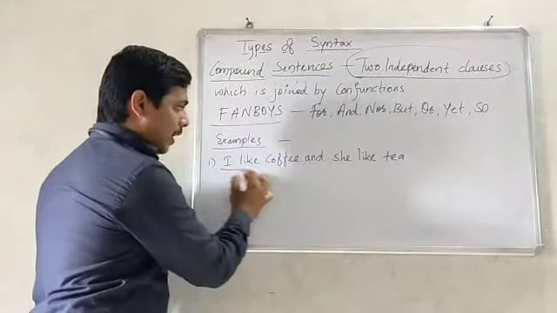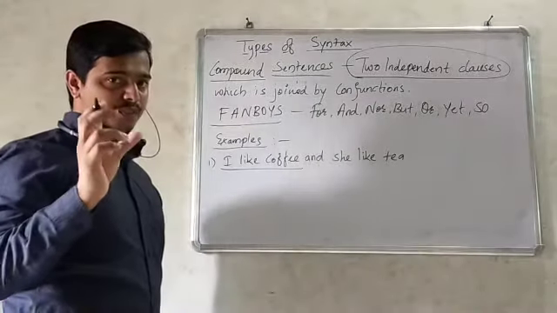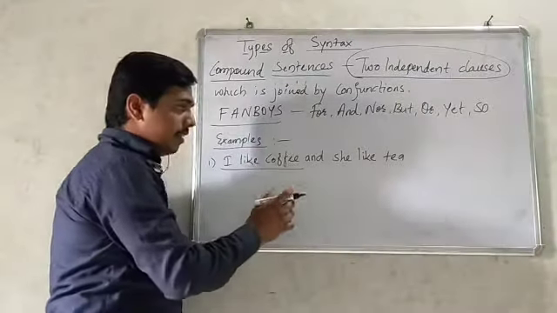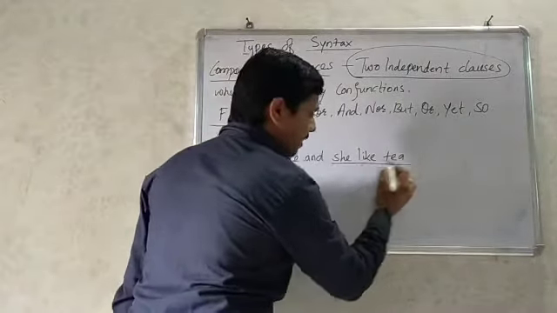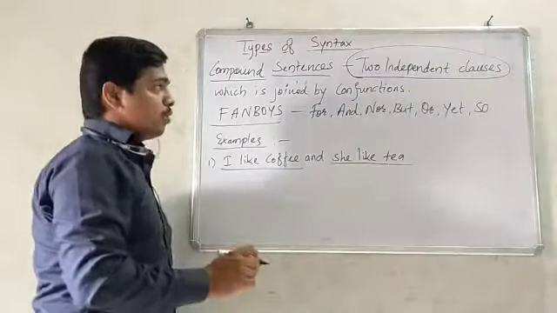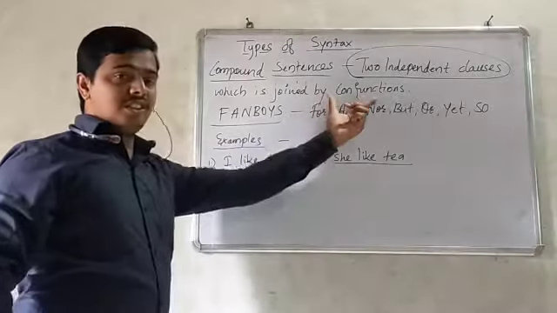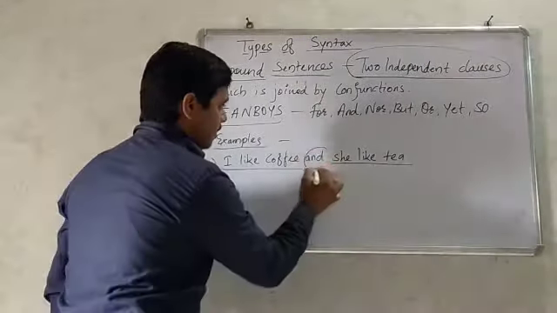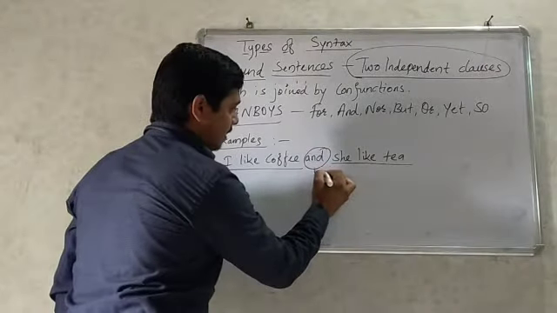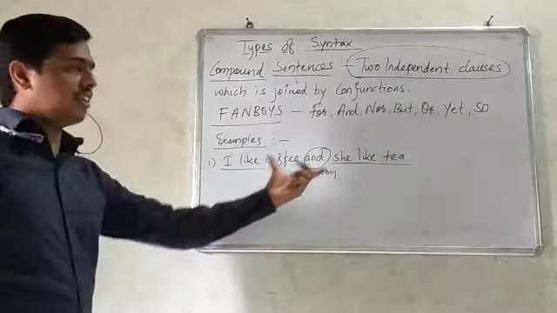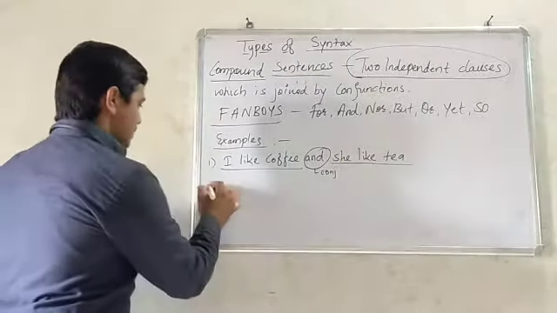So I like coffee, this is the first independent clause which has complete meaning, and she likes tea, this is the second independent clause. Now what about the conjunction which joins these two clauses? That is and. So here and is the conjunction.